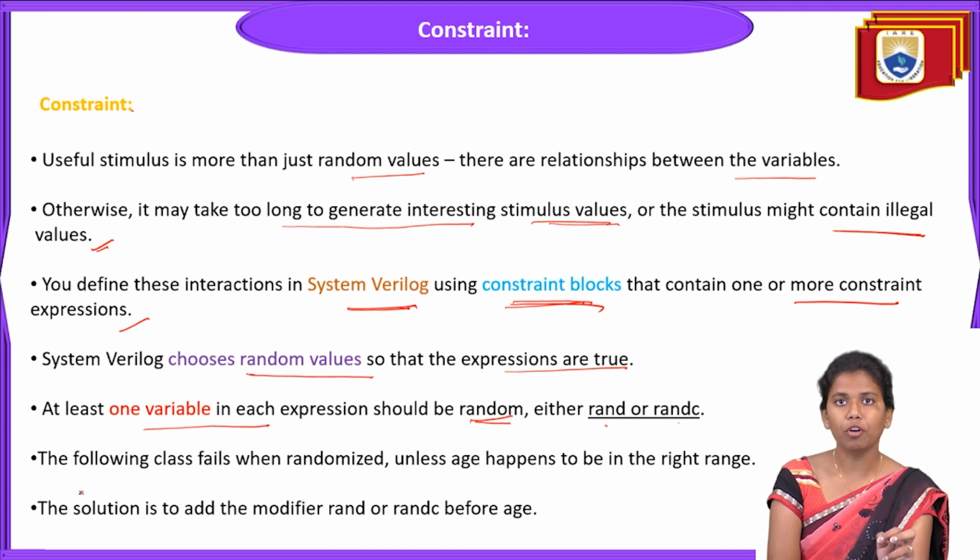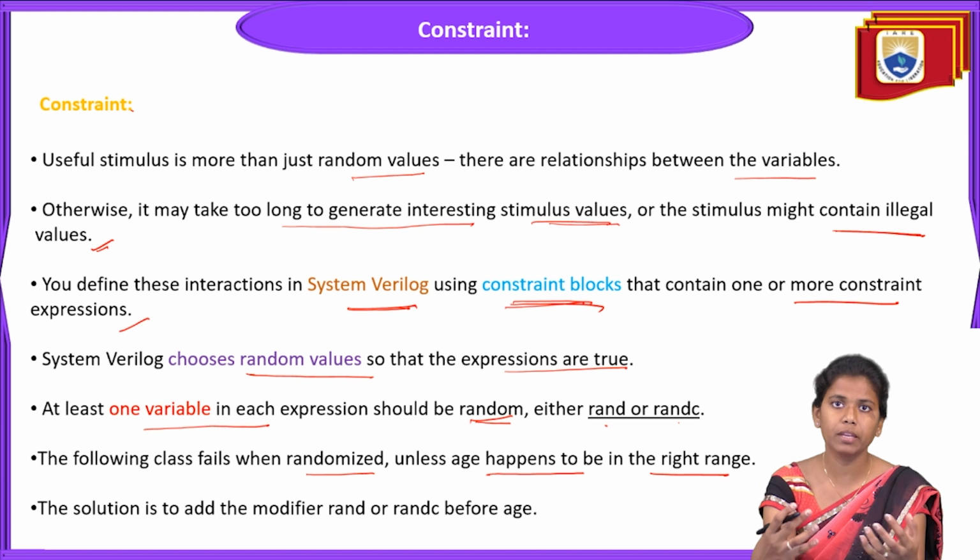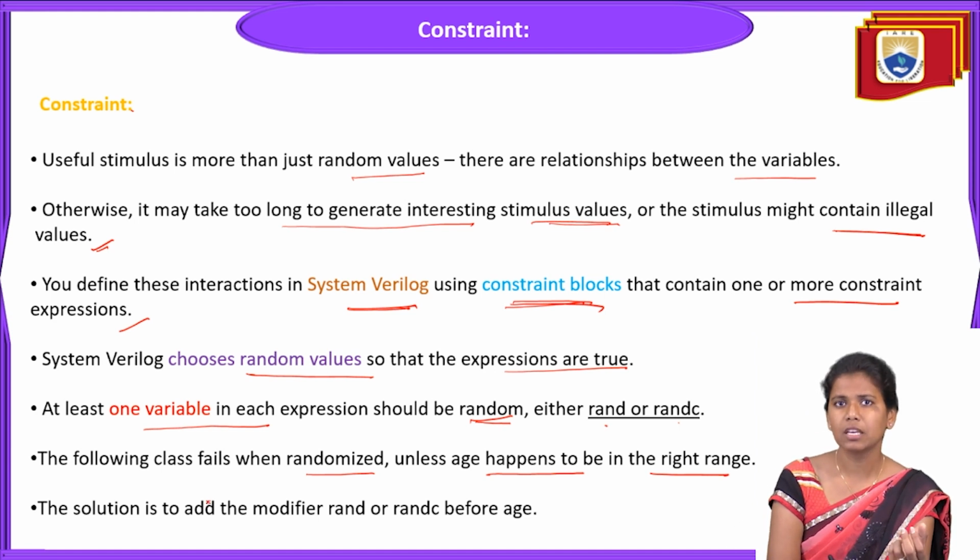Then the following class fails when randomized unless age happens to be in the right range. When some variables are picked up randomly from the constraint block and given the names, only in a few cases does the randomization fail.